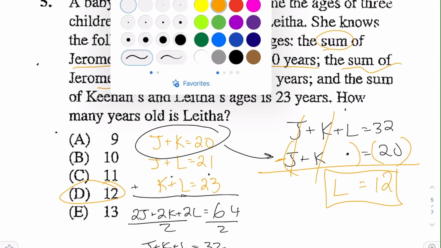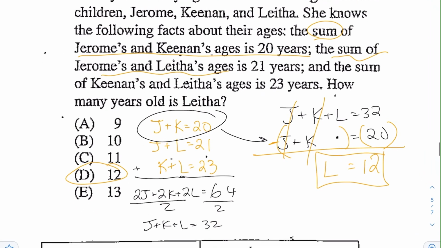Now you can also check your work just to make sure everything else is correct. If we're saying that L is equal to 12, then you know that K plus L is equal to 23. So K plus 12 is equal to 23, which means that K has to be equal to 11.